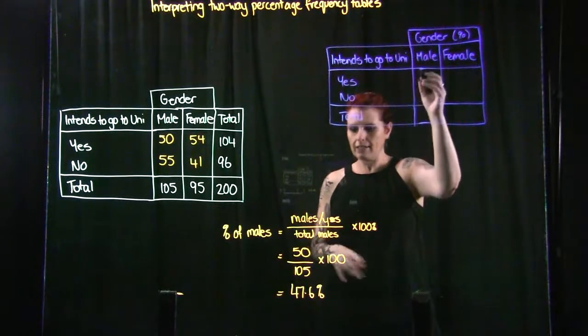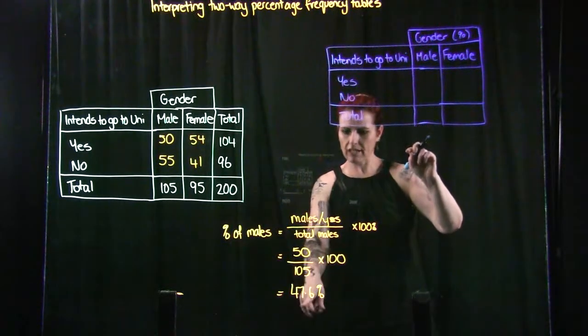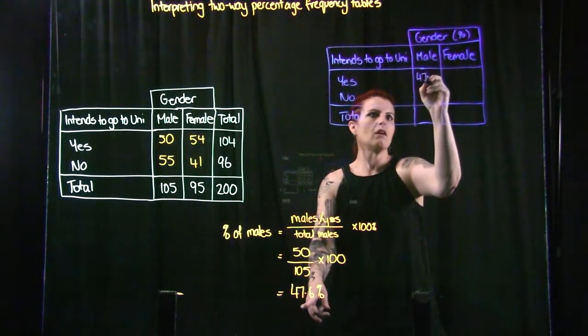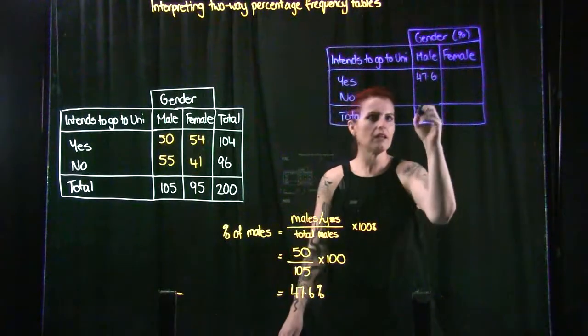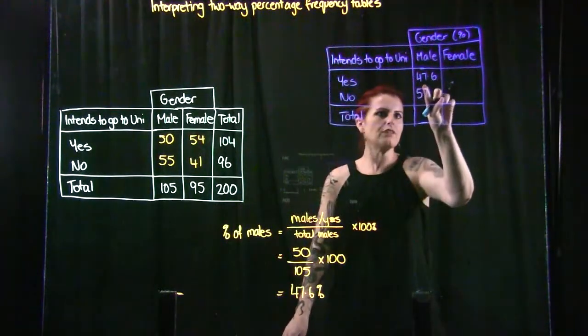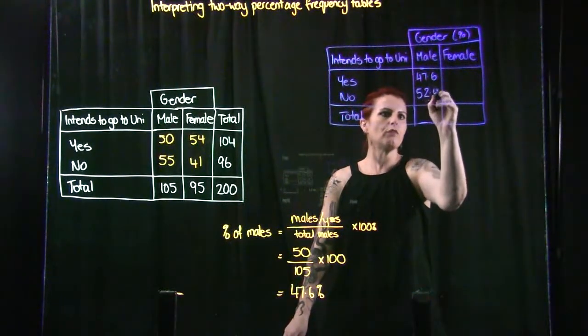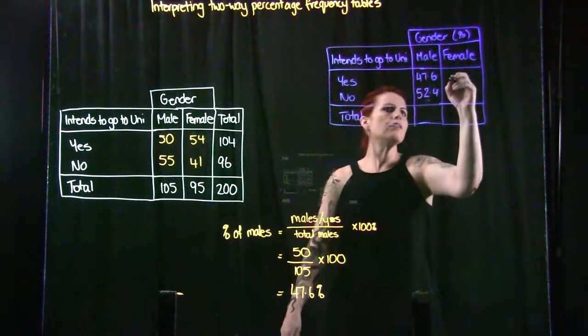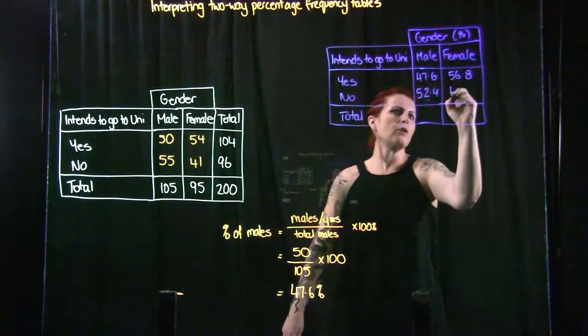So, yes, we end up with males, this is what we looked at, percentage of males that say yes, 47.6. Then, when we work all the rest out, we get 52.4, 56.8, and 43.2.